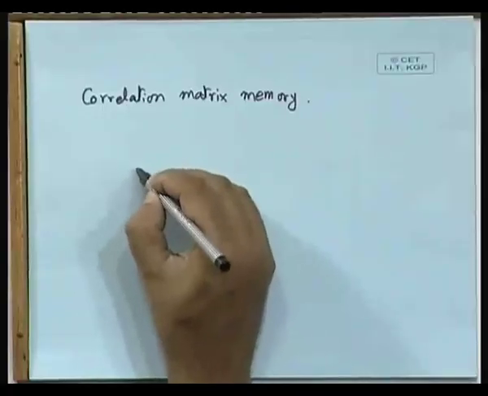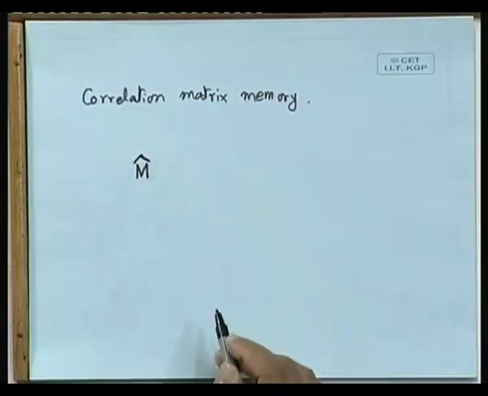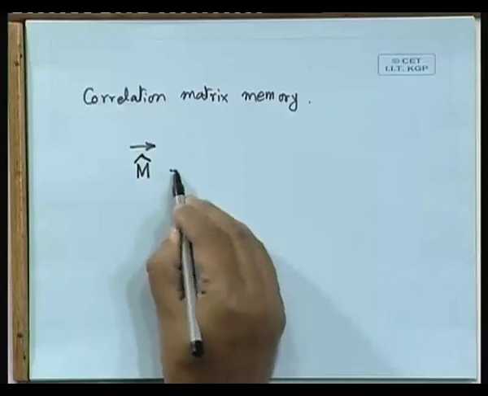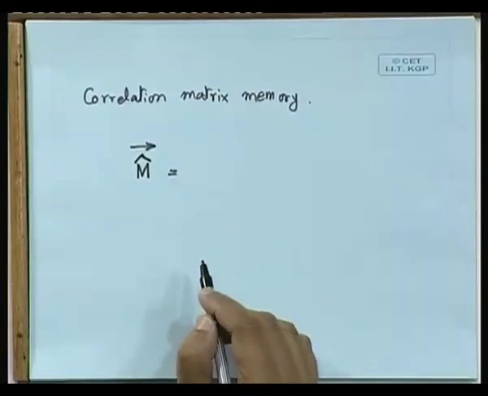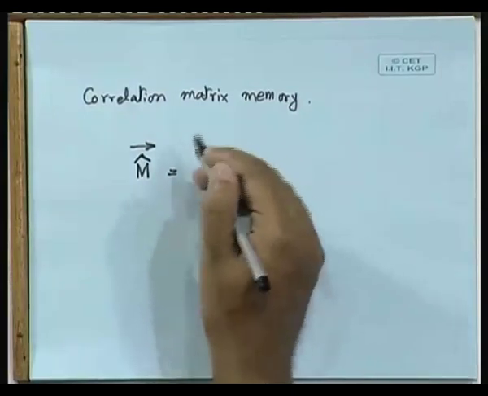So we can discuss the correlation matrix memory, and in this case we have to see how we estimate this memory matrix M. We come up with an estimate of the memory matrix, which we write as M cap. M cap is the estimated memory matrix, indicated with the vector notation because it is a matrix, and we just make a postulate.